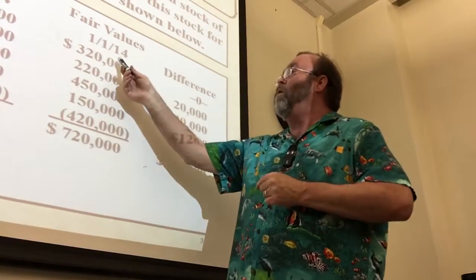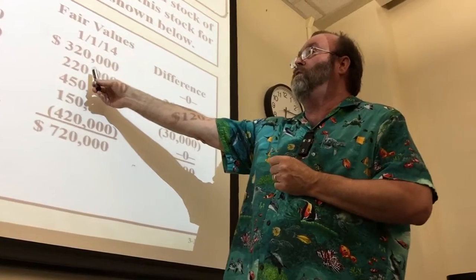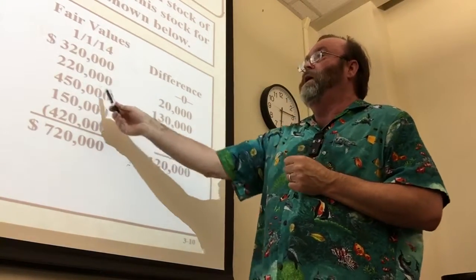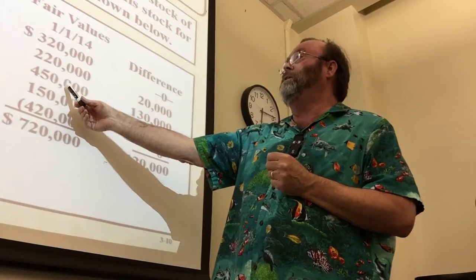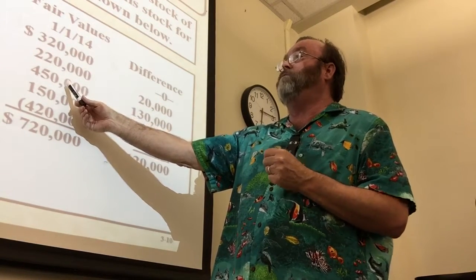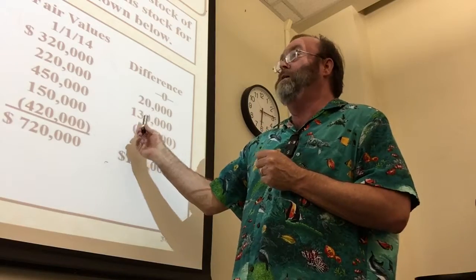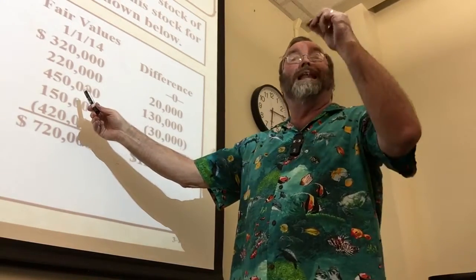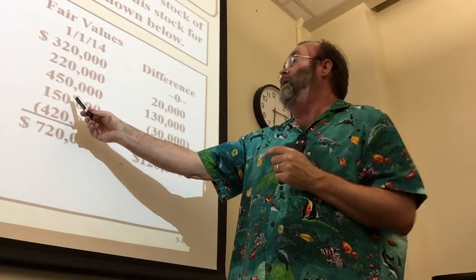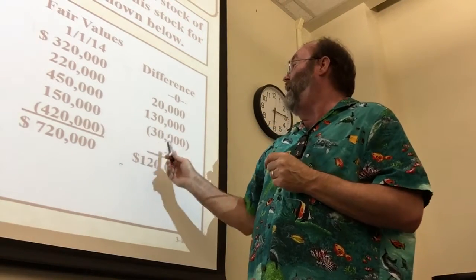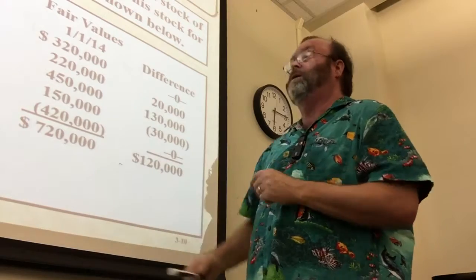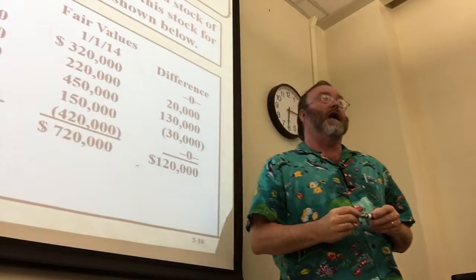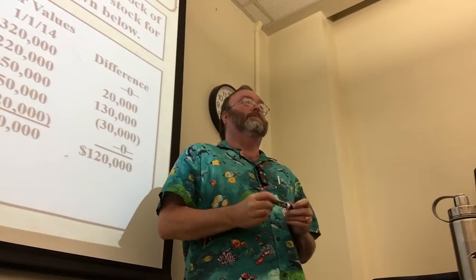However, there is an increase in trademarks with an indefinite life of $20,000. Patented technology has a fair market value in excess of book of $130,000, and then equipment has a fair market value less than the book value of $30,000. So net of $120,000.